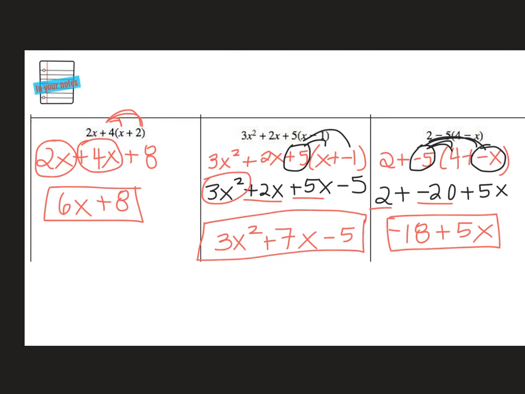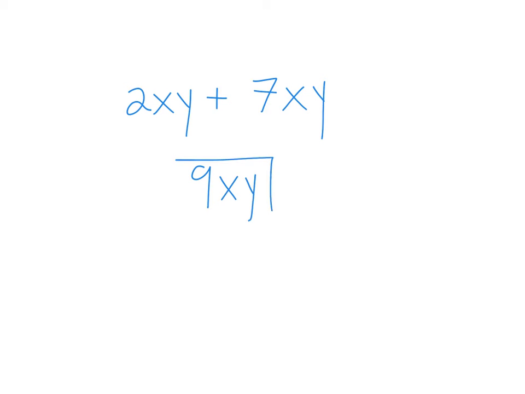Now a couple of problems you'll see on your practice. I want us to know sometimes we can combine a few extra variables. So in some of our practice we might see something like 2xy plus 7xy. Since our variables are the same, if I add 2 and 7, I get 9xy.